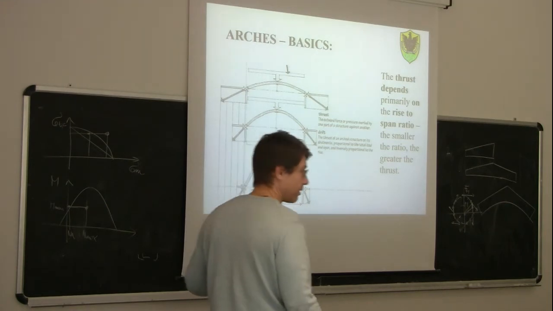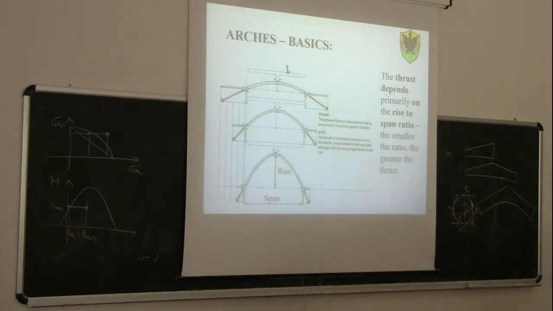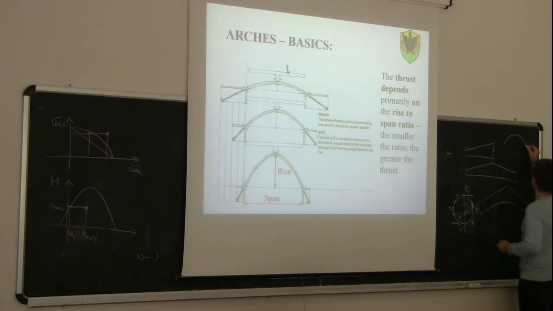So basically, from the equilibrium, if this is the arch, we have something like this. 1, 2, and 3. Equilibrium.